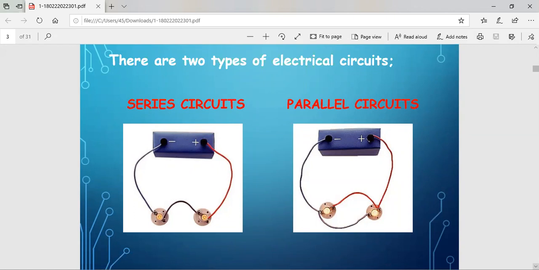First, what do we mean by series circuit? As you can see here, you have two things that are connected directly with each other, and between them you have only one line.